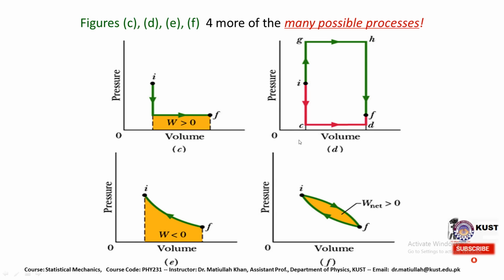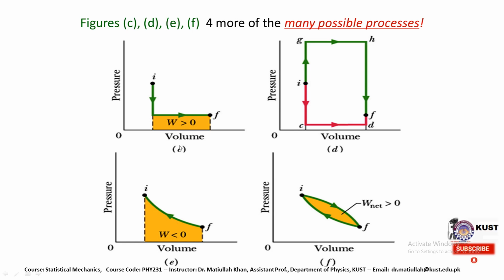Now we come to the other configuration where we bring the system from the initial to the final position. In this case work is less than 0, but we are treating the work as done at the cost of the internal energy of the system. But look at the direction of the system. In the earlier case the system was going from high pressure towards low pressure, so the work was greater than 0.